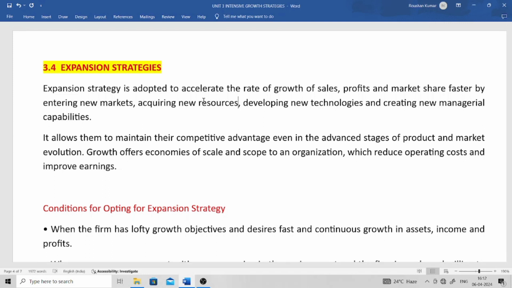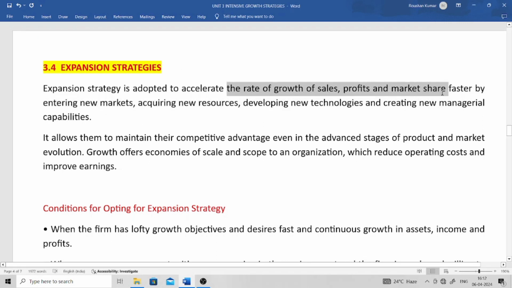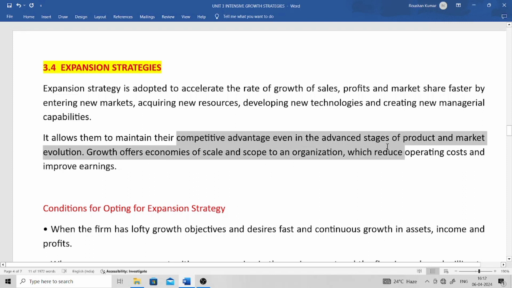If we want to accelerate the rate of growth of sales, profit and market share faster, then in that situation we can use expansion strategies. It allows us to maintain a competitive advantage even in the advanced stages of the product and market evolution.